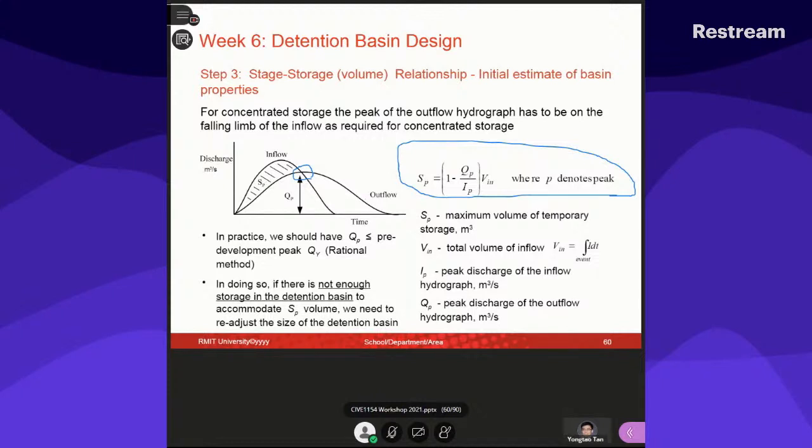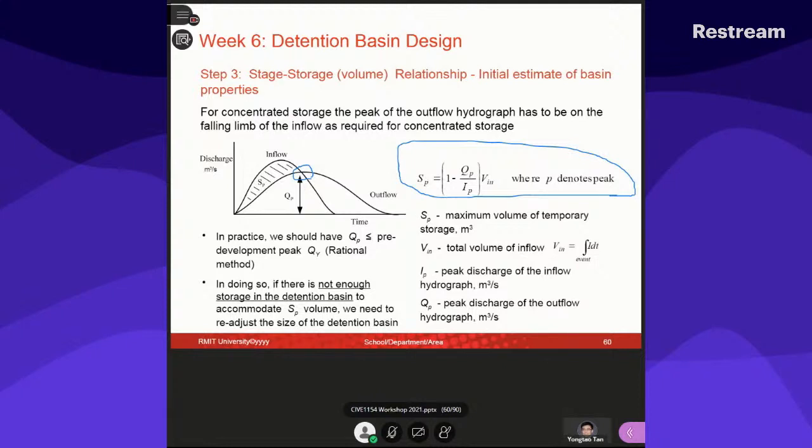QP is the peak discharge of the outflow hydrograph. IP is the peak discharge of the inflow. I can draw that.